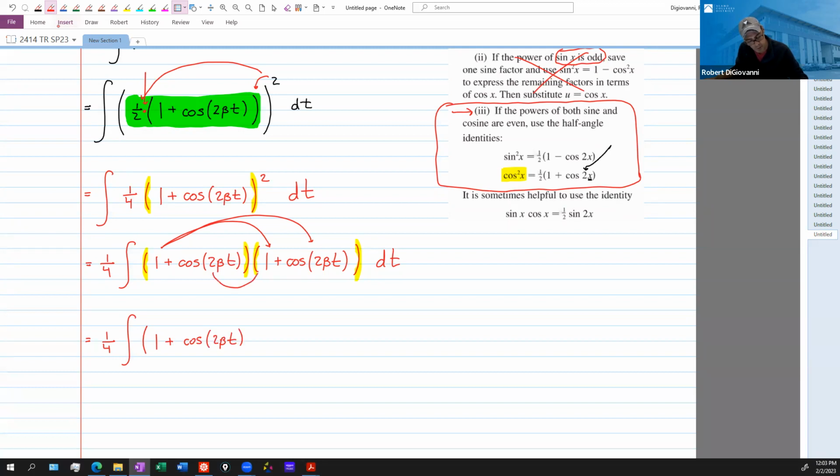And when I do the inner one, I get the exact same thing, so plus cosine of 2 beta t. And the last one, this is the one that sucks, is cosine times cosine, which is cosine squared. So I have cosine squared of 2 beta t, dt.